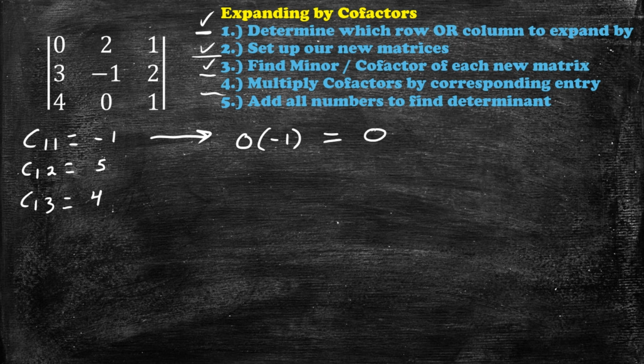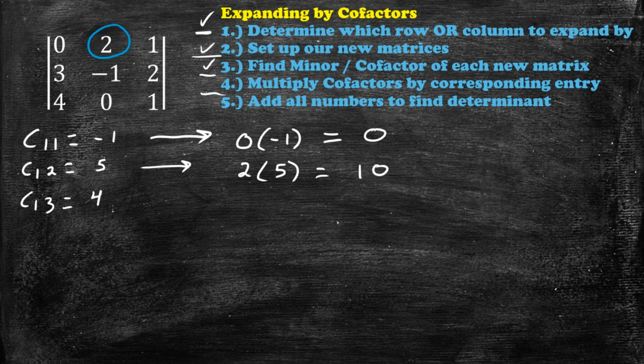All right, now let's look at the second one right here, C12. So the corresponding entry is row 1, column 2, which is this 2 right here. So that is going to give us 2 times 5, and that is going to equal 10.